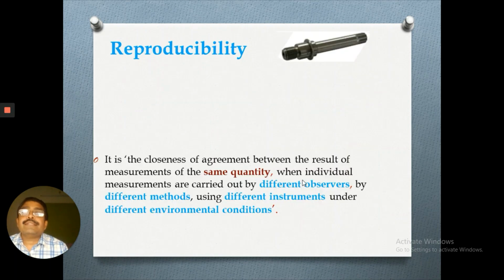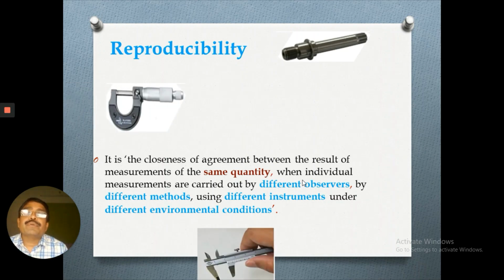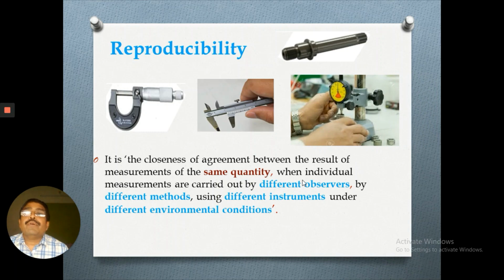Next is the reproducibility. Here also I will explain using an example. Here I have taken three different instruments: micrometer, vernier, and the dial gauge.